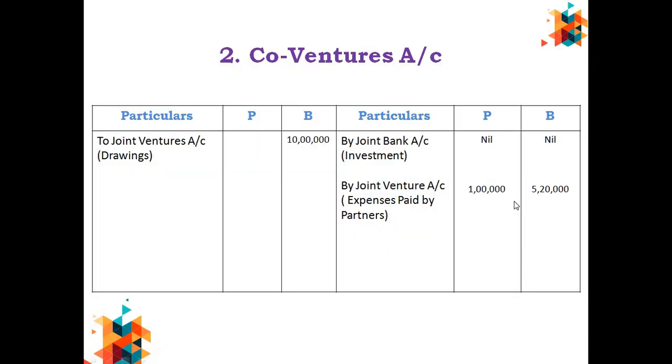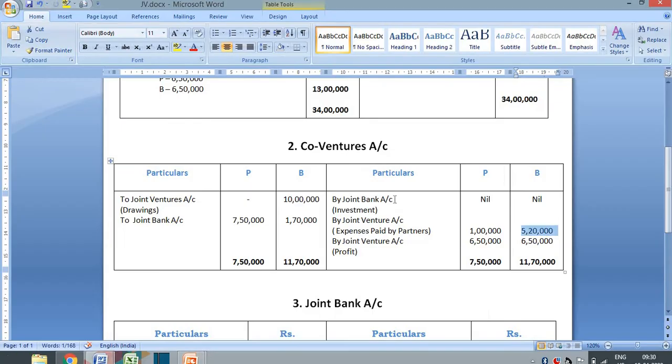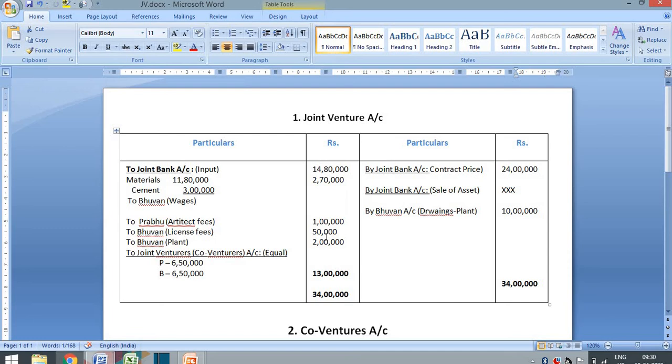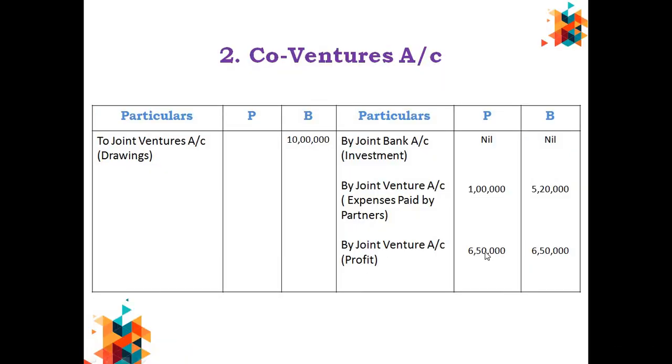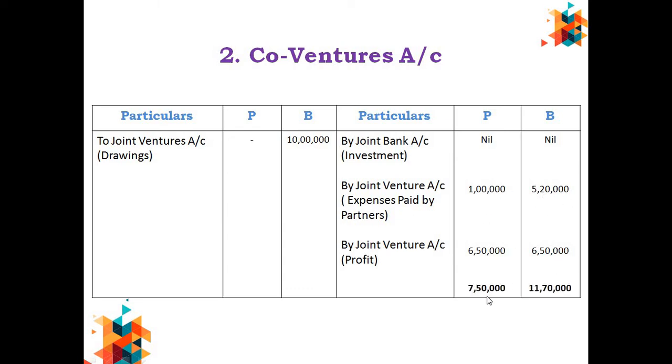Next is by joint venture profit. This profit, which we got in the first account, is 13 lakh, 6 lakh 50, 6 lakh 50. This profit will be taken on the credit side, 6 lakh 50 and 6 lakh 50. Next we should see which side is greater. Obviously the credit side is greater here. In the first column we got 7 lakh 50; Bhuvan is getting 11 lakh 70.